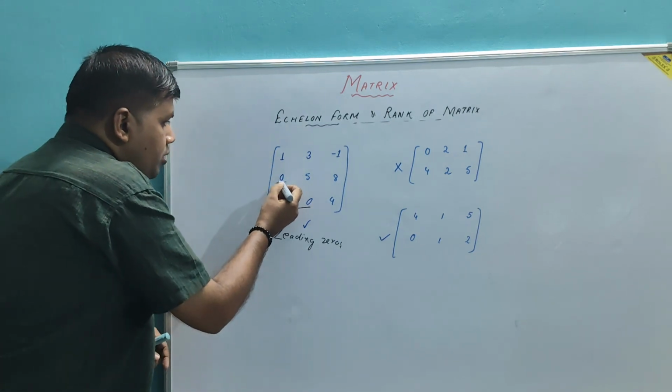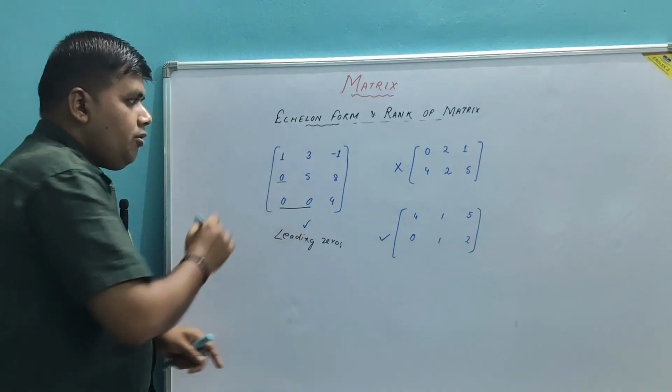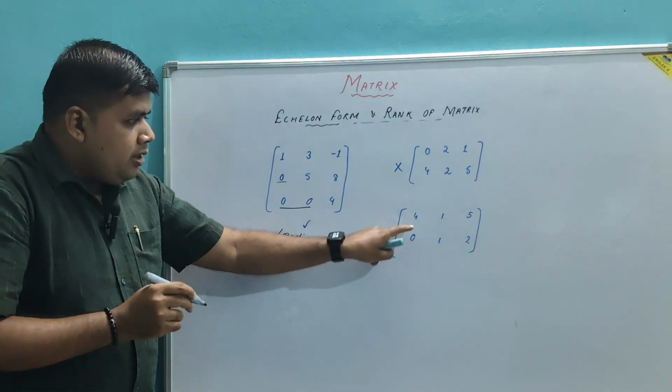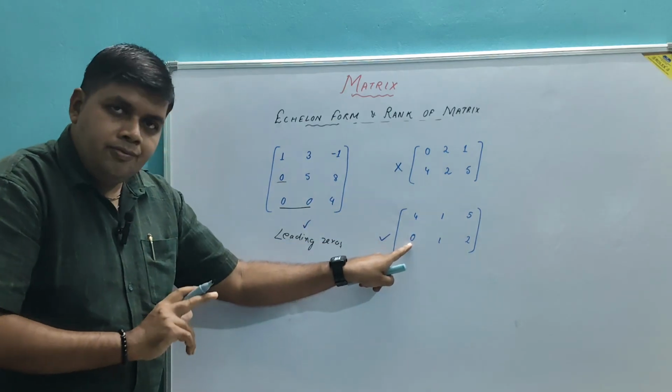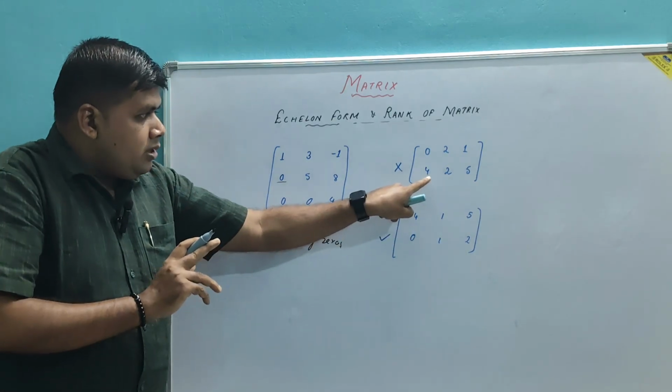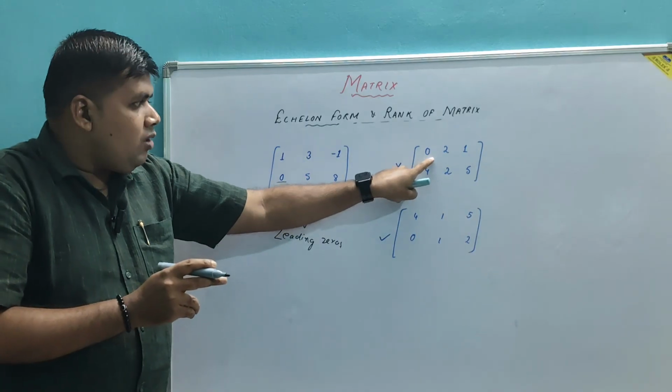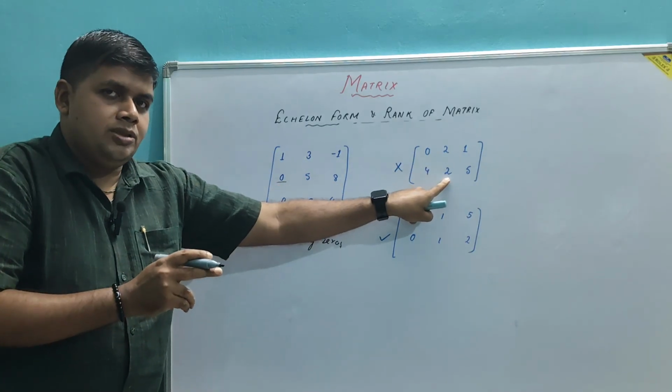So therefore this is in echelon form. This is also in echelon form because there are no zeros here, and here we have 1 zero. However, this is not in echelon form because here we have a leading zero, but here no such leading zero is there.